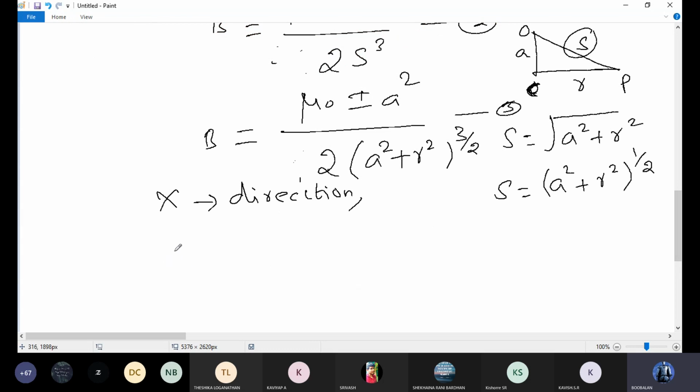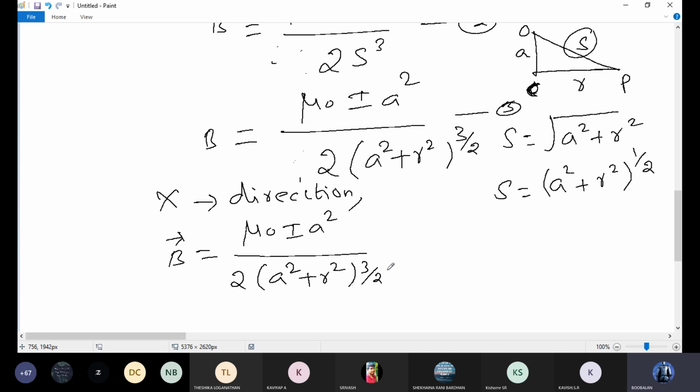In vector form, B vector equal to mu naught I a square divided by 2 into (a square plus r square) power 3 by 2 i cap. Equation number 4.